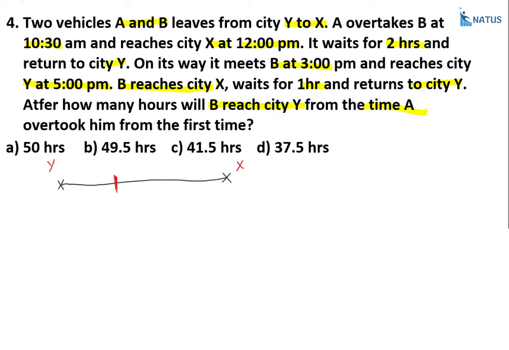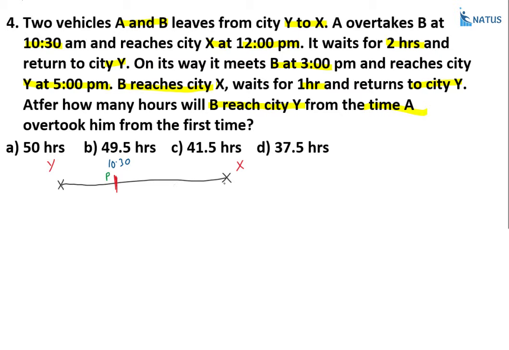What is the time? The time is equal to 10:30. Let us take this point as P. Both A and B meet here, or A overtook here and covers this distance.